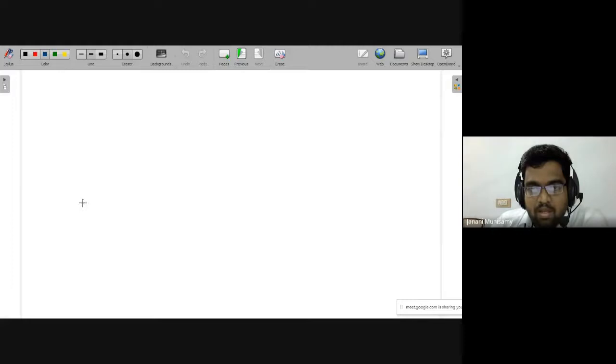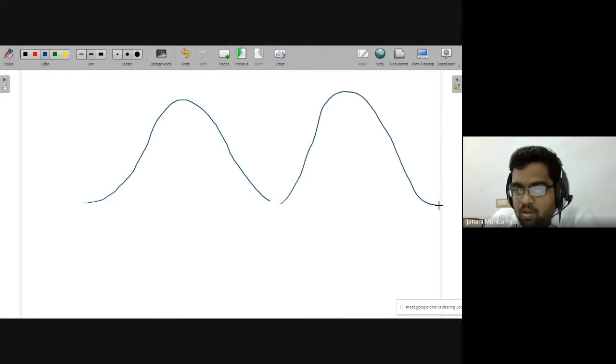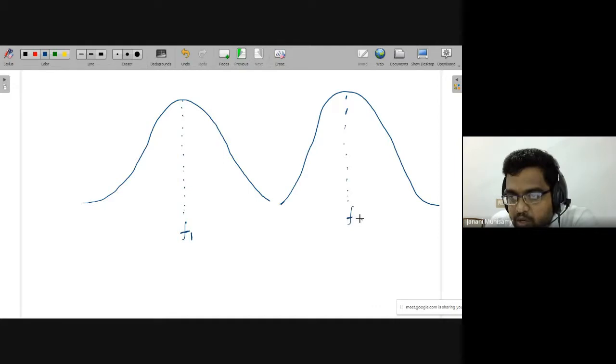Now my spectrum: at any point of time we are sending either F1 or F2. Say this is F1, the center frequency of signal 1, and F2 is the center frequency of signal 2.